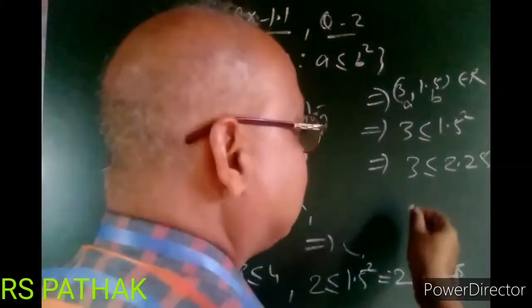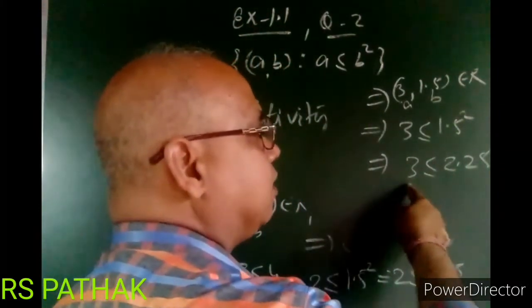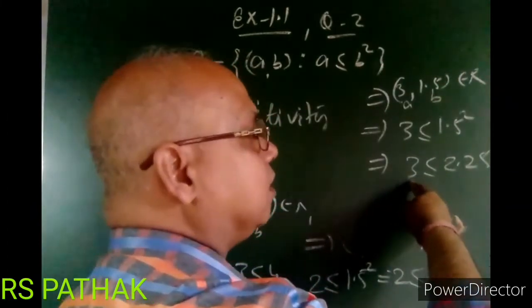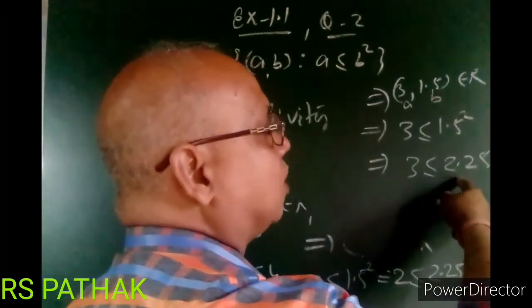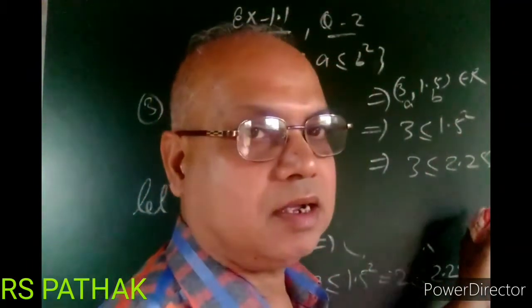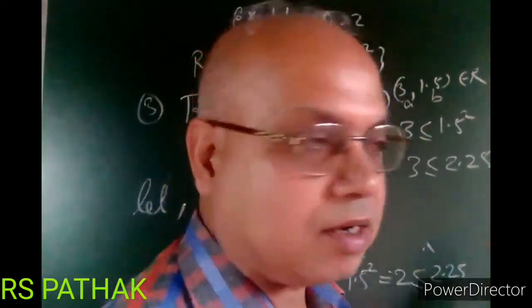Now think about it. 3 is greater than 2.25, but here it says 3 is less than or equal to 2.25, which is wrong. Therefore, it is not a transitive relation.